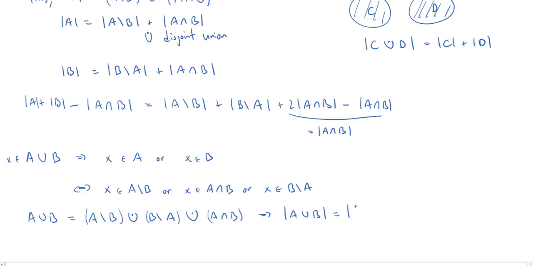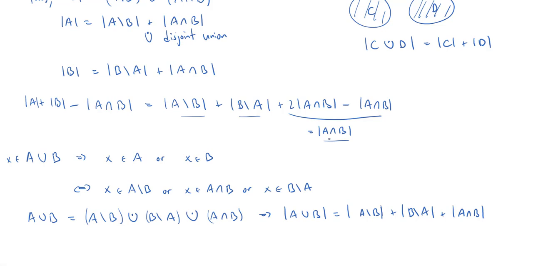It'll be the size of A but not B, plus the size of B but not A, plus the size of the intersection. And that's exactly what we had up above. Size of A not B plus the size of B not A plus the size of the intersection. And therefore we conclude that the size of these two sets is exactly the same.